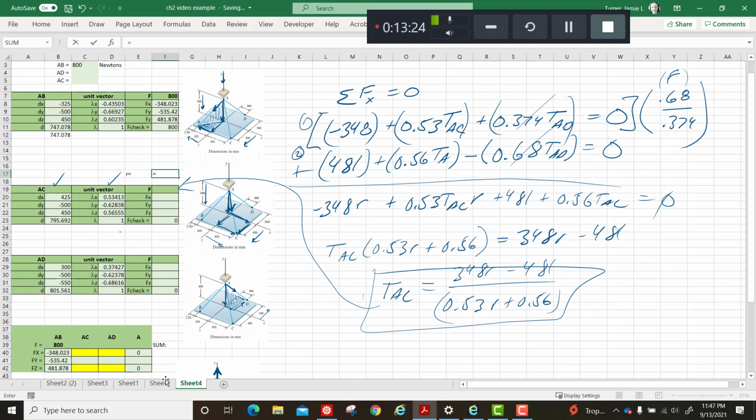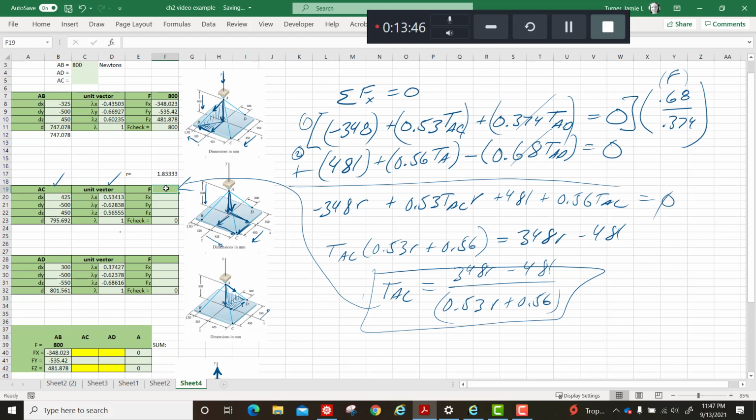That's what we're going for. And I don't want it to be negative, so I'm going to get rid of that negative sign. Okay, so that's the ratio that I'm going to multiply this x equation by so that I can then crank through and solve for what AC is.